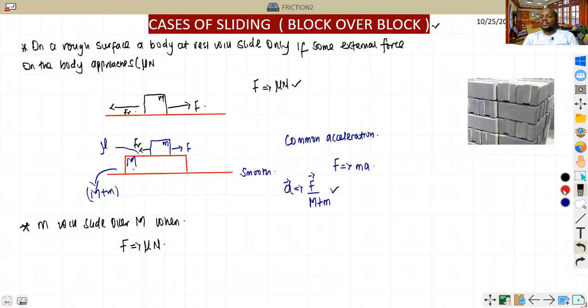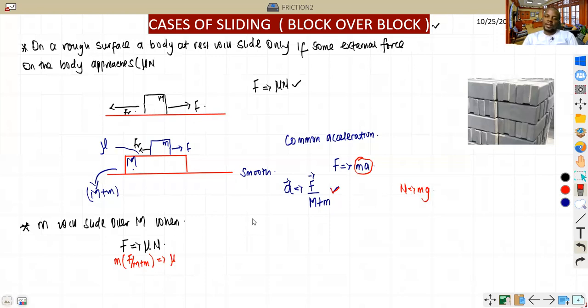So my point here, my dear student, is: what is the force on this body? The force on the body from Newton is ma, where m is the small letter m. What is the common acceleration? The bodies move together with a common acceleration of F over capital M plus small m, and this equals mu N. What is the formula for normal reaction? Normal reaction is always equal to mg, which you all know.